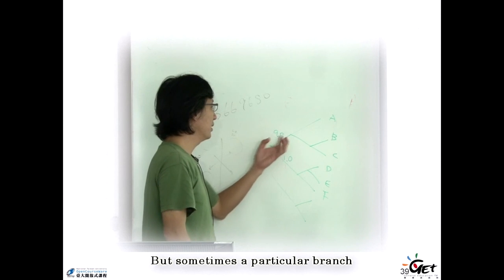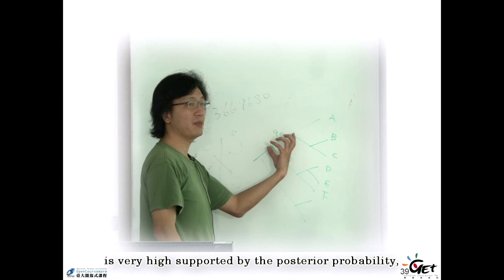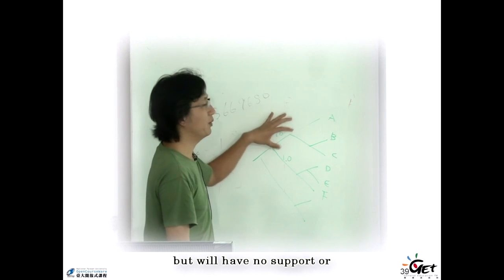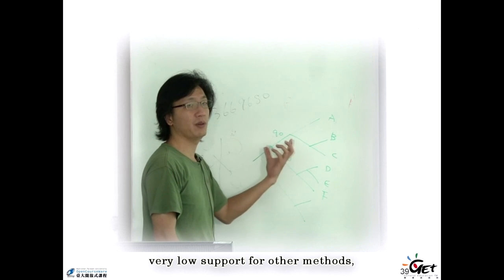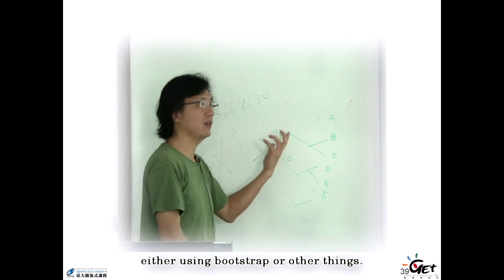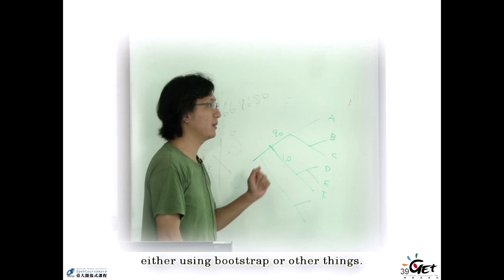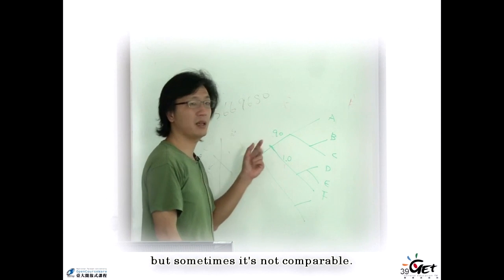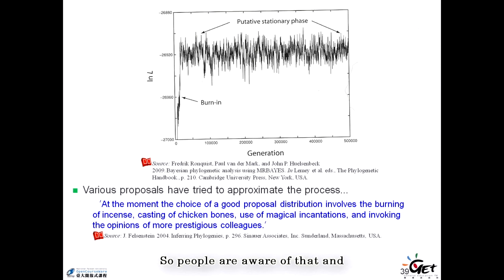Sometimes a particular branch has very high posterior probability support but no support or very low support from other methods, either bootstrap or others. Although they are different concepts, people are aware of that, and we are still working on how to understand this problem.